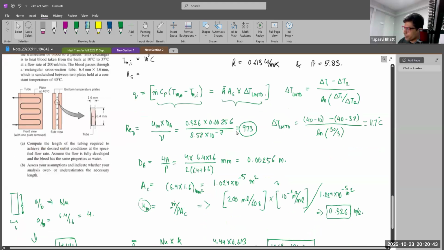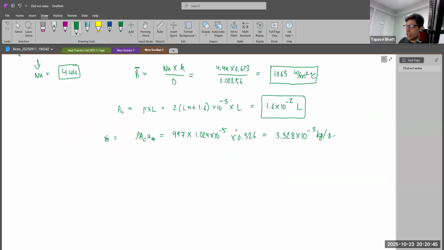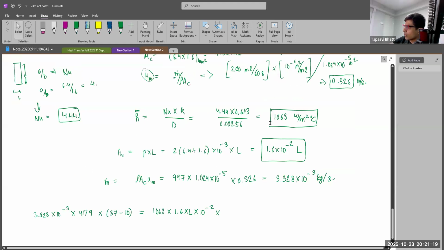Now bringing in the whole equation: 3.328 times 10 to the power minus 3, which is m dot, times Cp, which is 4179, times the temperature difference, 37 minus 10, equals 1063, which is the H, times AS. AS is 1.6 times L times 10 to the power minus 2. And what else do we have?